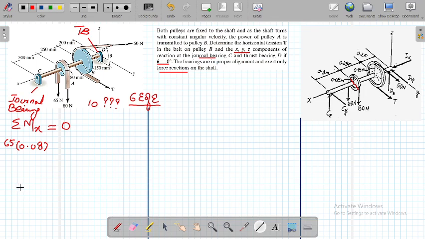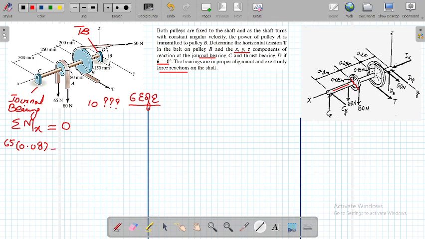Now there is another force, this 80 Newton. This is also along the z-axis, and its moment arm, which is the radius of 0.08, is along the y-axis. But when this 80 Newton force rotates about this x-axis, which is our x-axis, it will be a clockwise rotation, and clockwise movement is always going to be negative.